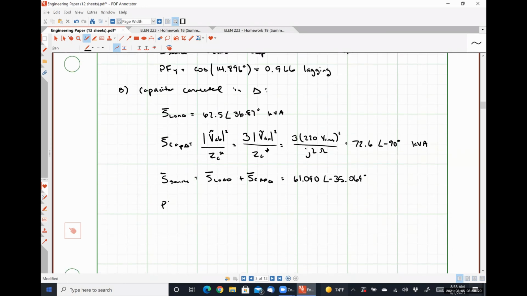So the power factor for our delta connected system is going to be the cosine of negative 35.069 degrees. Let's store that as Z, so cosine of the polar angle of the variable I have stored as Z.